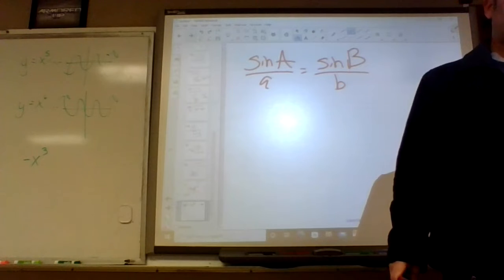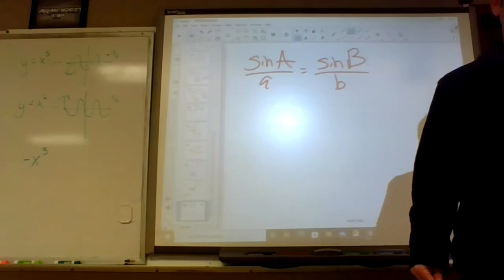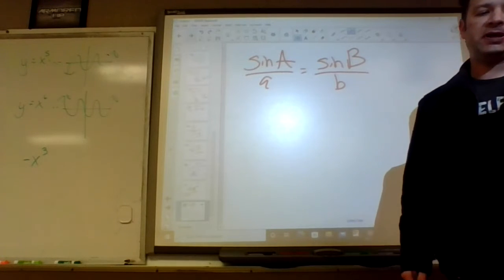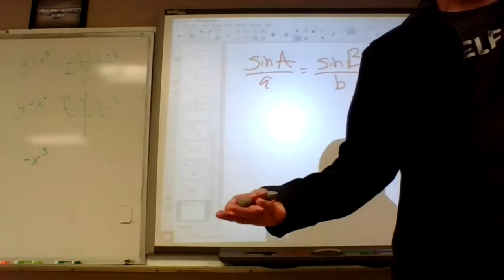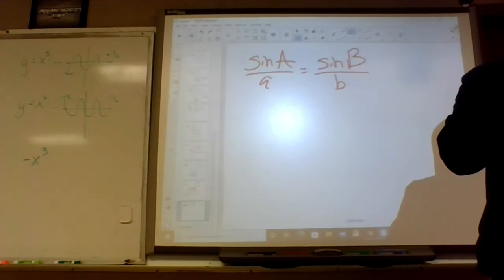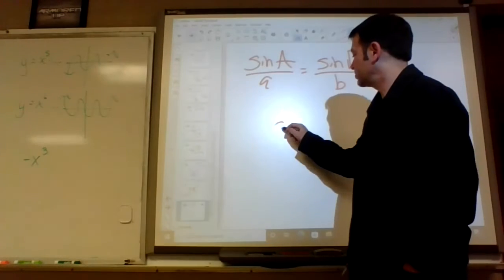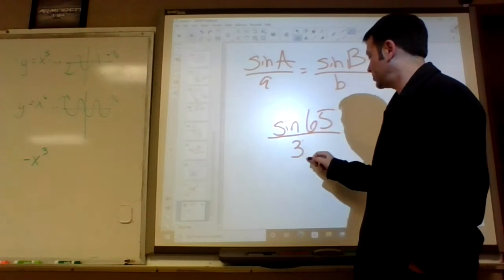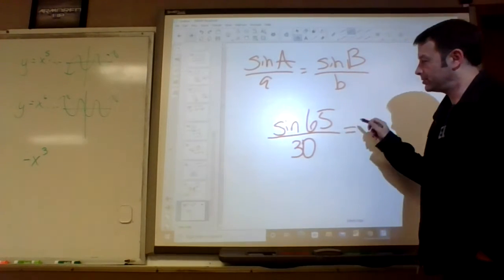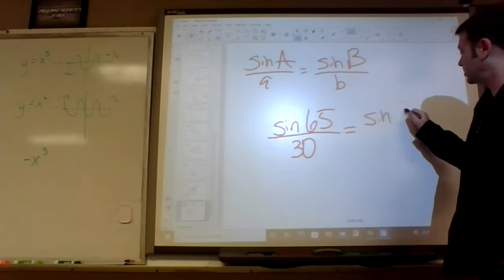We have 30 kilometers on the bottom. So if we knew the angle up at the top, we would have sine of C over C. So what's the angle up top? 65. So sine of 65 over the 30 kilometers should equal sine of 40 over A.